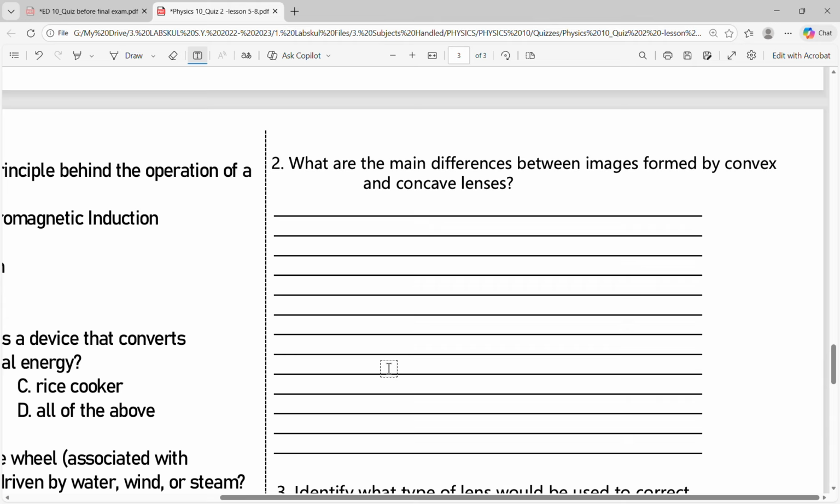If the object is located within the focal point, in between the focal point and the vertex of a convex lens, it will give you an upright, virtual, and enlarged image. But if it is beyond the focal point of the convex lens, it could give you a smaller, bigger, or equal size image that is real and inverted.